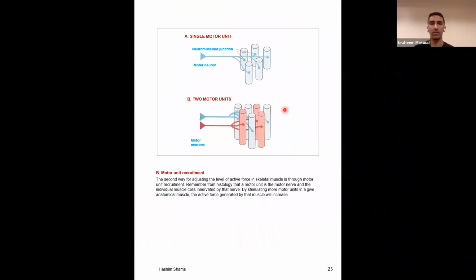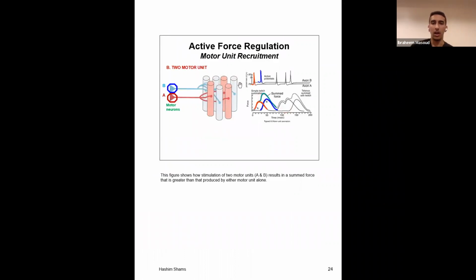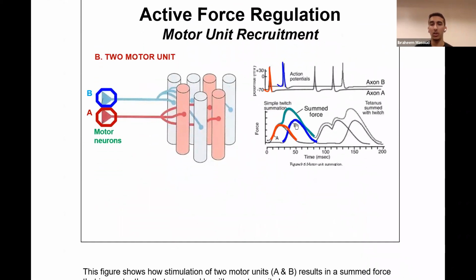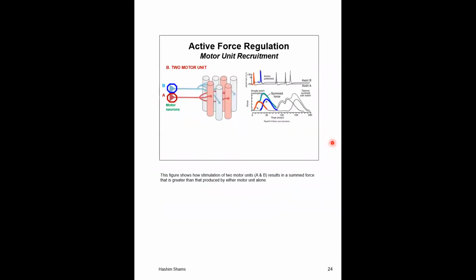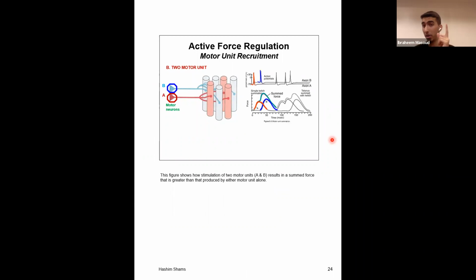And here it's showing you the action potential and how this force is being summed up. A, B. Look at this big one. They get summed up. Boom. One big contraction. All we need to know for these two slides is that the more force we want, the more units we recruit. That's the one thing we take away from this.